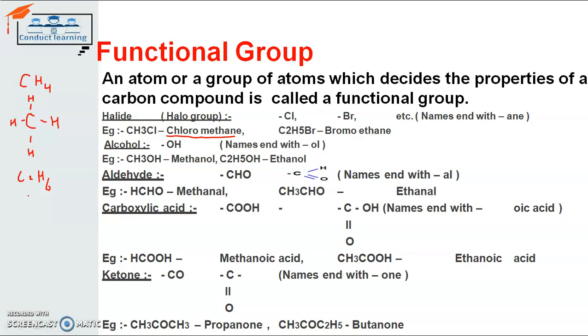What happens with ethane and how does it become bromoethane? Let's see. One of the hydrogen atoms in ethane is replaced with one atom of bromine. So when it is replaced with the bromo atom, it becomes bromoethane. And how will it look? C2H5Br.